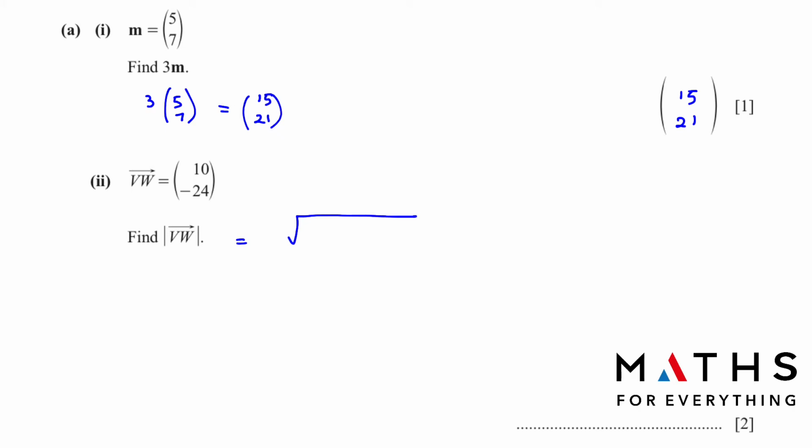Whatever values you have here, 10 and negative 24, no matter what values you have, you are going to square them. Please remember to put a bracket around negative 24 and square it. And whatever answer you get, that's your final answer. That is 26. So the magnitude is 26.